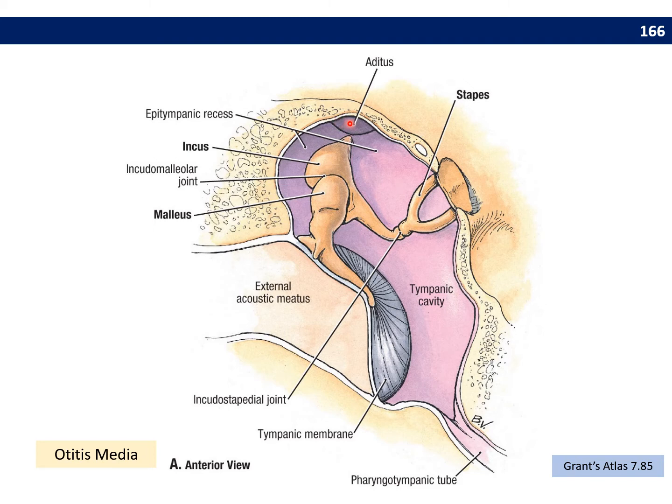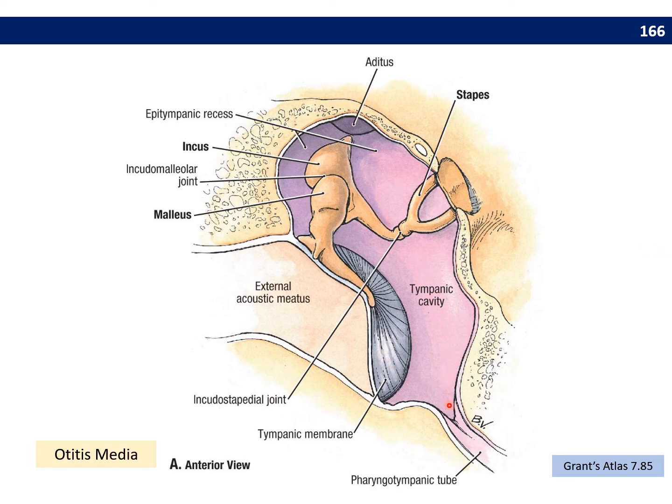The aditus here, an aditus is a doorway, and so this is a doorway to the mastoid antrum. And so this is connected to the mastoid air cells. Remember that this bony part is really embedded in the petrous part of the temporal bone. And I'll show you another image of that as we go along.